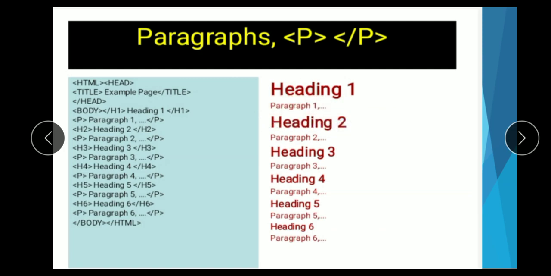But with paragraphs, when you use a paragraph tag, both sides left and right are equal. But here heading 2, heading 3 are minimized. Left is in proper place, but the right is not proper, not equal. So you can use a paragraph for equal distance of both sides.